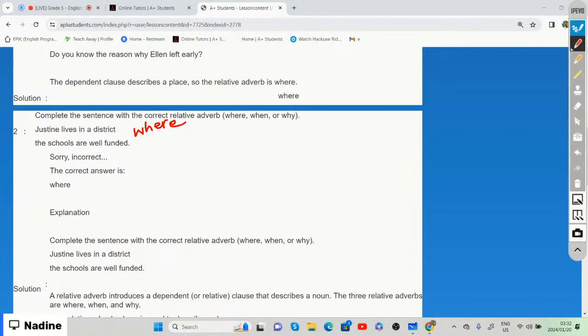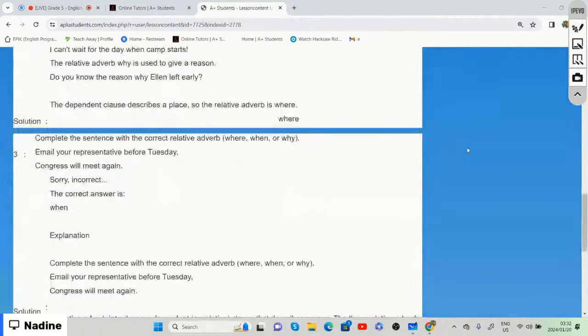So the only thing that we need to add is where, or when, or why, right? So we said where is correct.